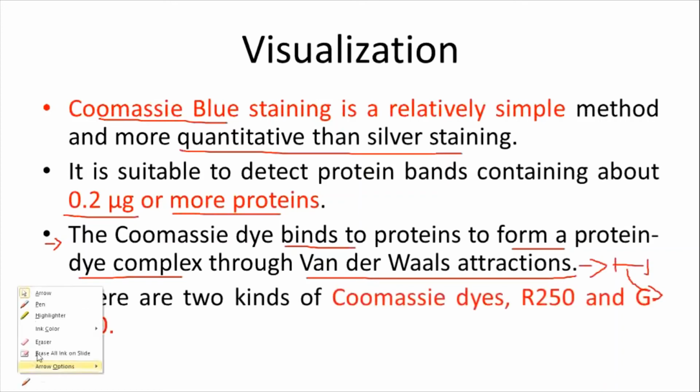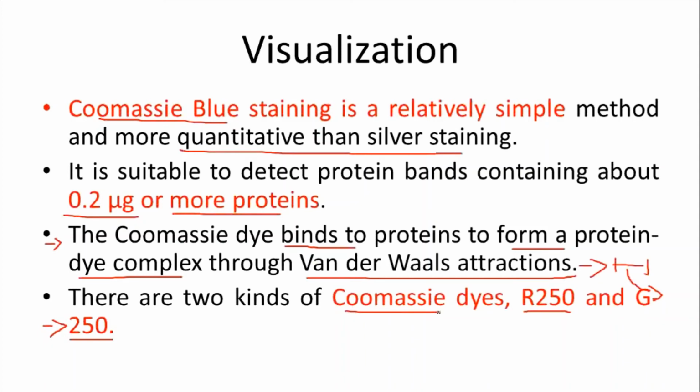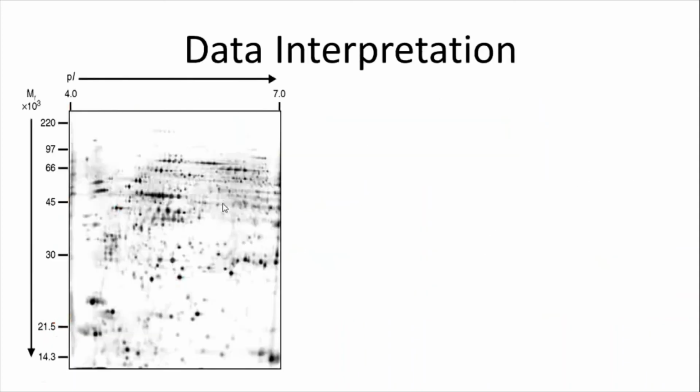The famous Coomassie blue dyes are R250 or G250. After separation by 2D electrophoresis, the gel looks like this, so we can compare the sample with the control. Please keep this in mind.